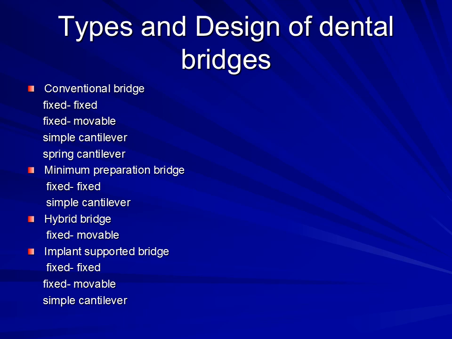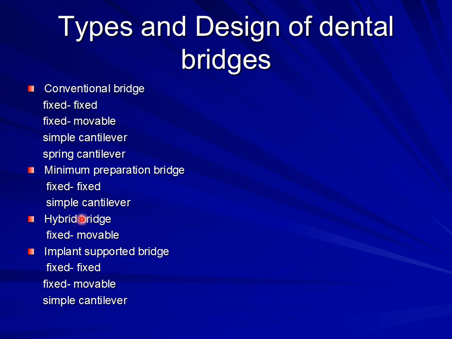As a summary for types and designs, we have the conventional bridge, either fixed or fixed movable, simple cantilever or spring cantilever. Simple cantilever is from one unit, from one side, only one abutment, or maybe double cantilever, where two abutments are used.